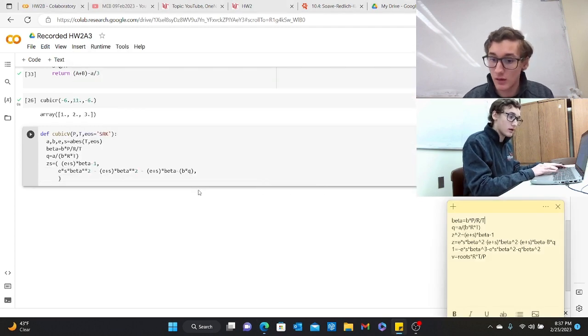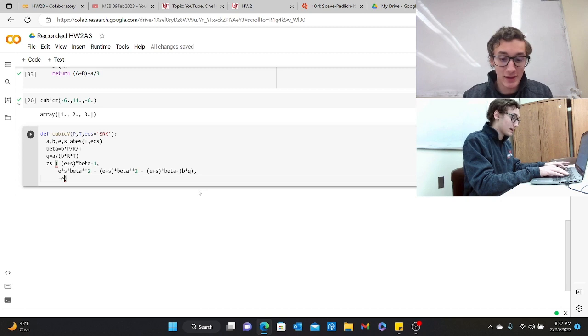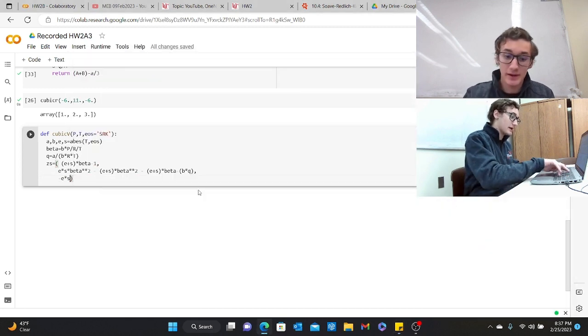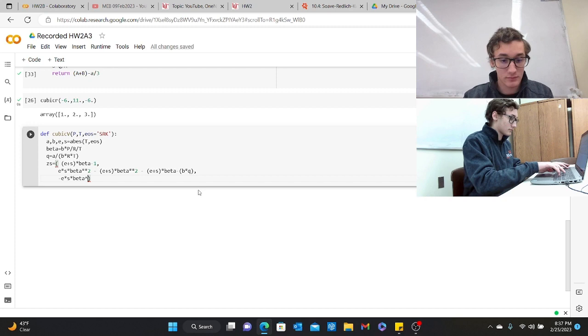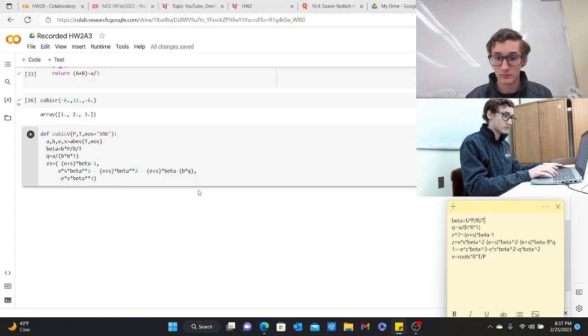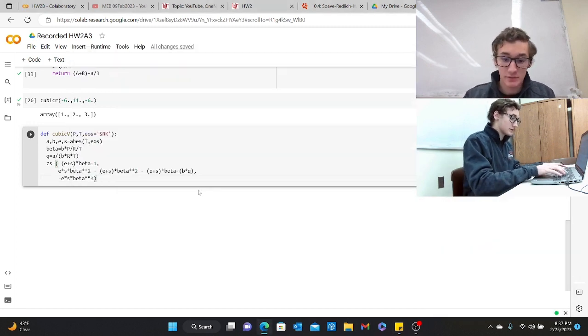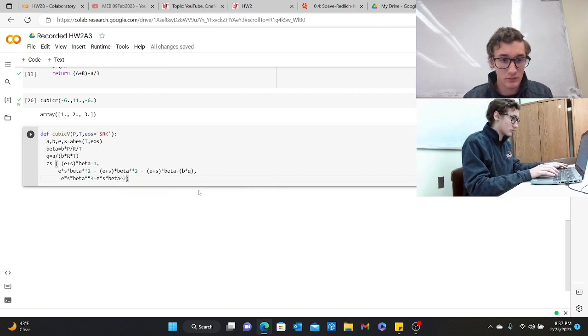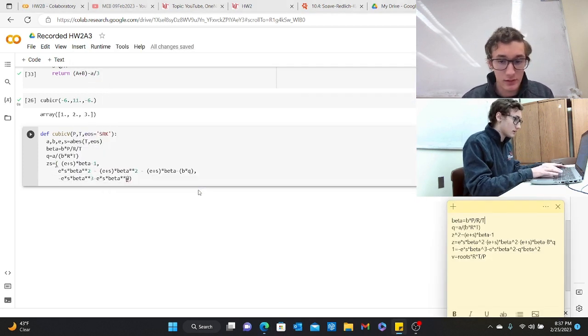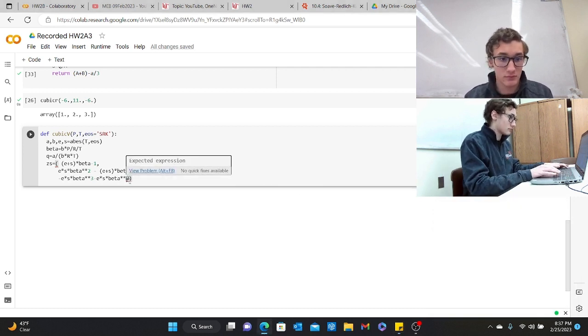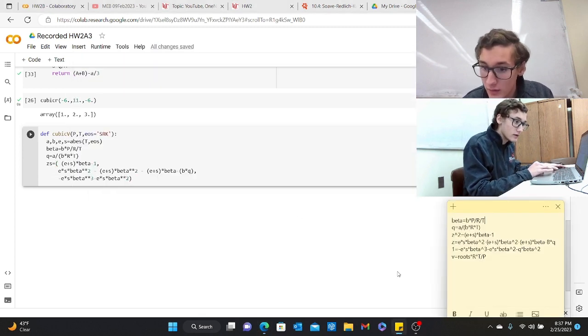And now our third root. So it's going to be negative E times S times beta cubed minus E times S times beta squared, minus Q times beta squared.